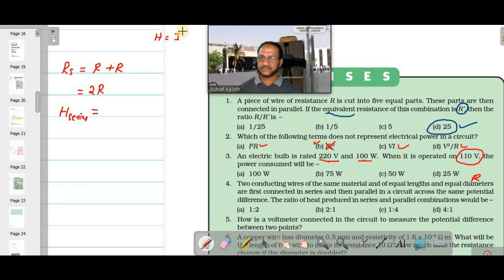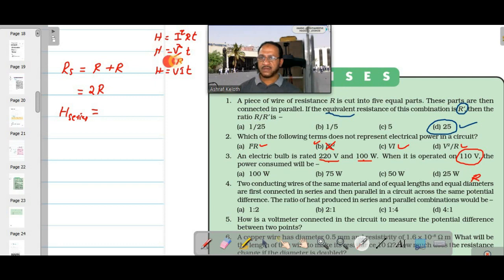How many equations are there for heat energy? Three equations are there. H is equal to I square RT, then H is equal to V square by R into T, and also H is equal to VIT. If they are connected in series or parallel, the total potential difference applied across the combination is same.